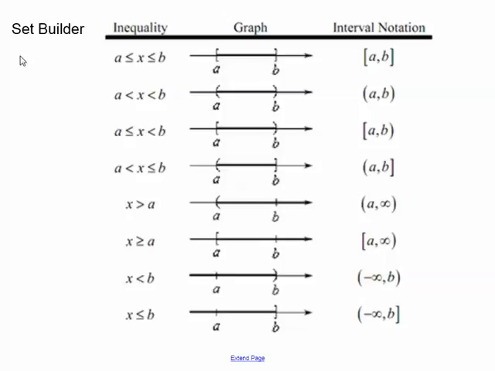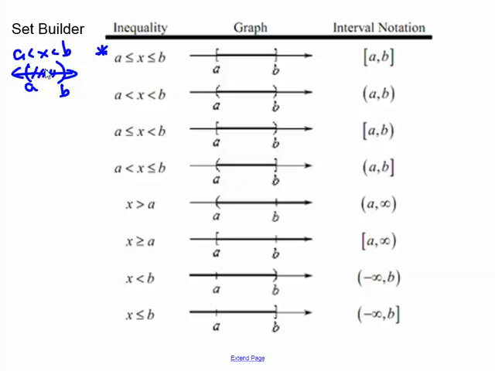If our interval was a less than x less than b, we would set up our number line. Here would be our number line graph. x is greater than a, so here's my a over here. x is less than b, here's my b. x has to be less than b, so I put a soft rounded bracket there. x has to be greater than a, not greater than or equal to, so we put a soft rounded bracket there.